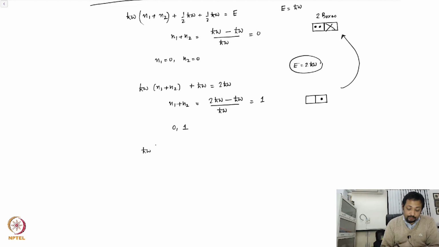What about the case when E is equal to 3h bar omega? So you have n1 plus n2 is going to be 3h bar omega minus h bar omega, and we can bring this h bar omega here and you will have 2. So n1 plus n2 is going to be 2.